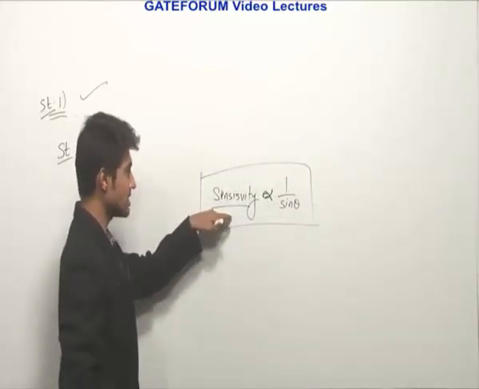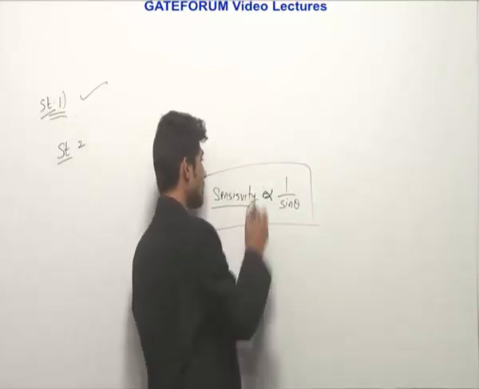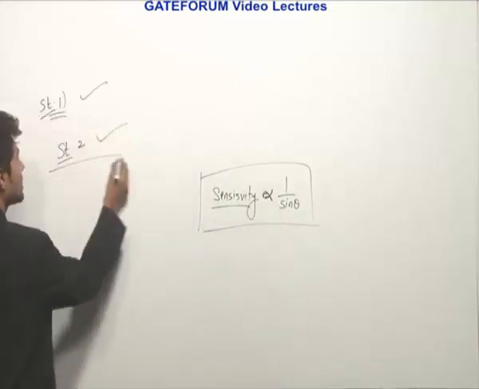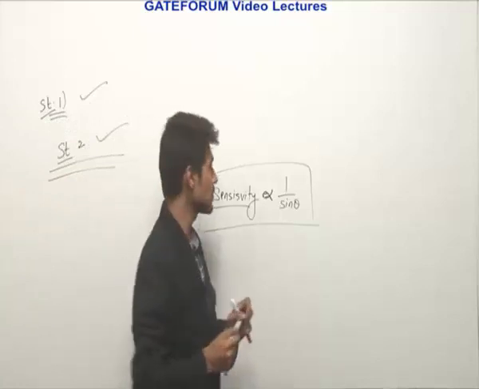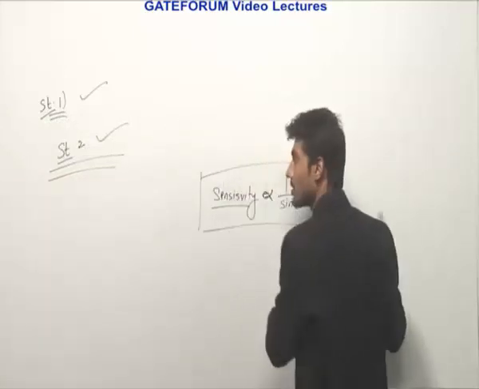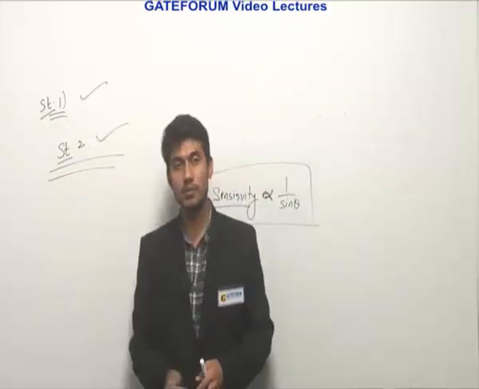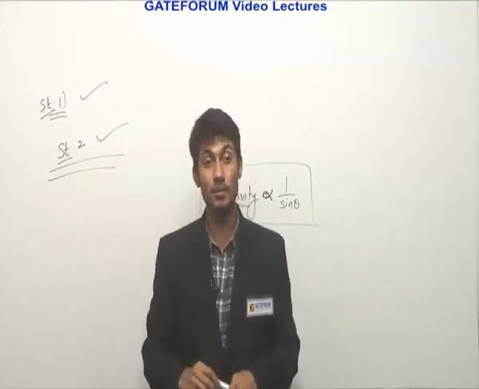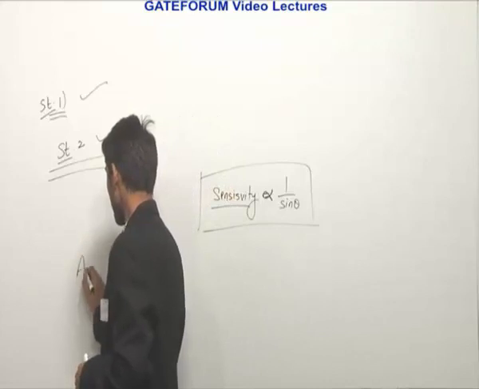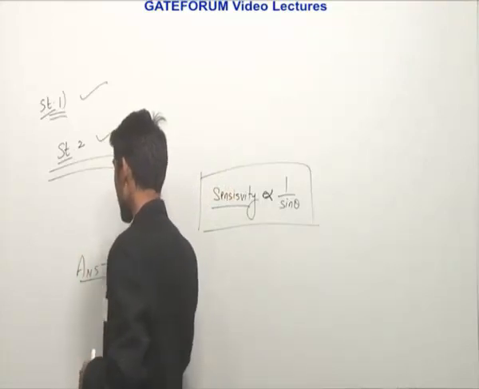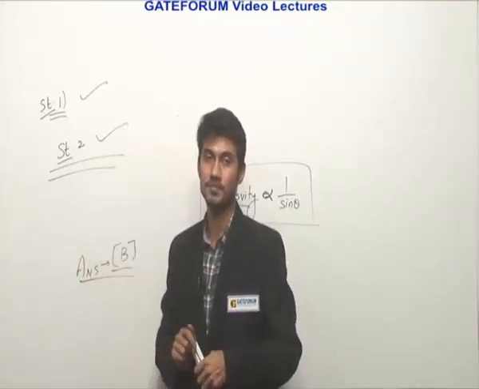So yes, sensitivity depends on the angle, so it is again correct, but statement 2 and statement 1 have no relation with each other. Statement 2 is an individual, different statement, and statement 1 is individually a different statement. So the option will be B, where statements 1 and 2 both are correct, but statement 2 is not an explanation for statement 1.